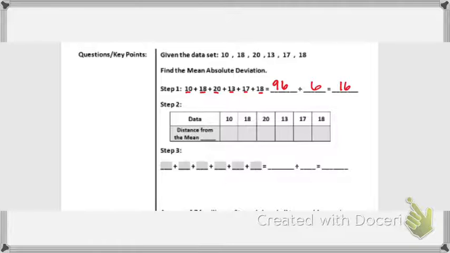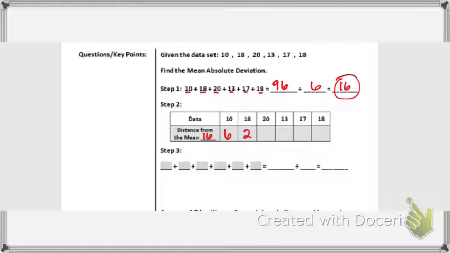Okay, and so step 2, we're going to use this 16, and we're going to find the distance from the mean. Okay, so these are all of our data values, right? And we're going to subtract them from 16. So first we have 10 minus 16. We get negative 6. We don't want a negative, so I'm just going to put a 6. Okay, then the next one we have 18 minus 16, we get a positive 2.